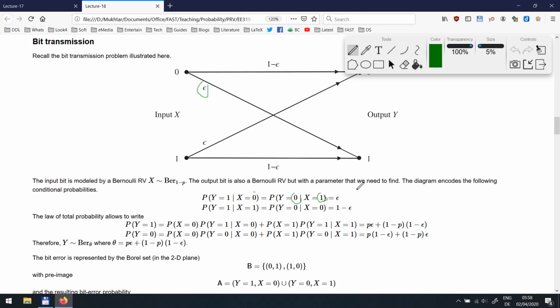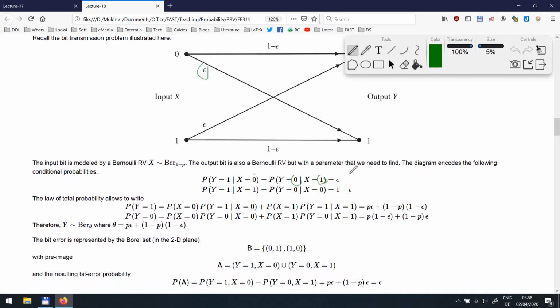So remember, I have two pieces of information. Information of the input bit, which is a Bernoulli random variable with the parameter 1 minus p, and the conditional probabilities, which model the channel. Now I need to construct the probability distribution of the output bit, or the received bit.